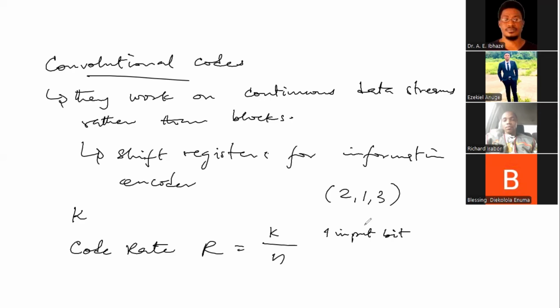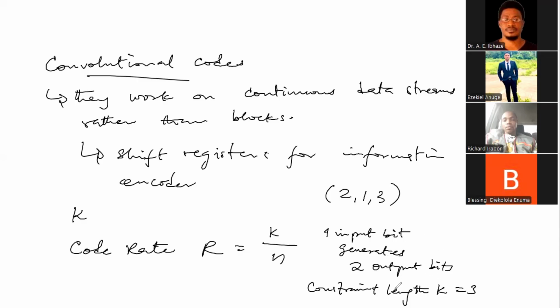In this case, one input bit generates two output bits, with a constraint length K being 3.